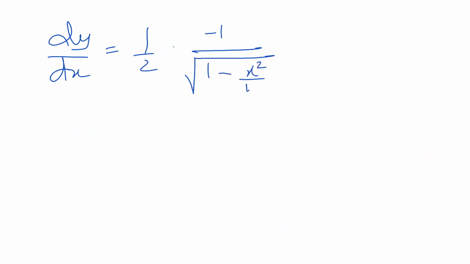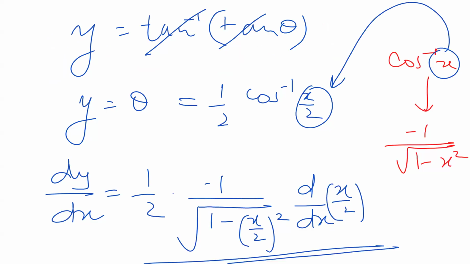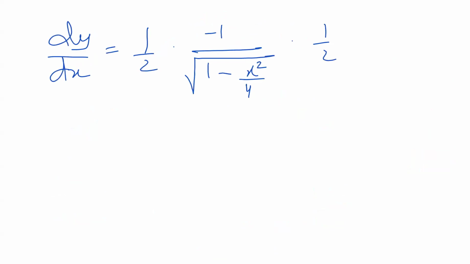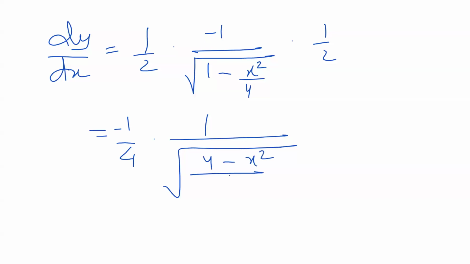dy by dx is equal to half into minus 1 upon root of 1 minus x square by 4, into half. So this x by 2 derivative is half. This half is also written, and this is written as x square by 4. So this will be 1 by 4, minus 1 by 4 into 1 by root of 4 minus x square by 4.